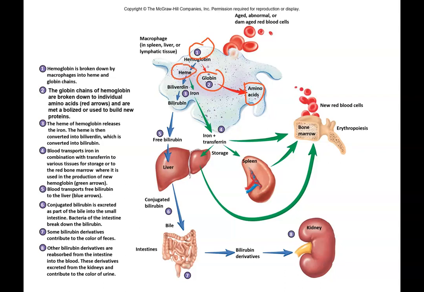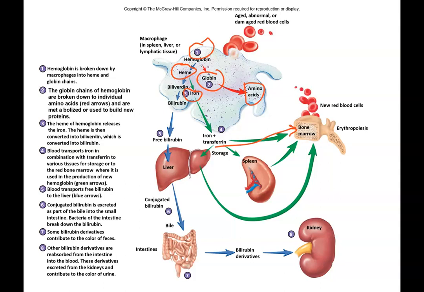From the heme group, the iron is going to be recycled. So the iron is going to be taken into the liver, where it's going to be stored and eventually transported to the bone marrow to be made into more hemoglobin. So notice that iron is stored in the liver and the spleen for that matter also.